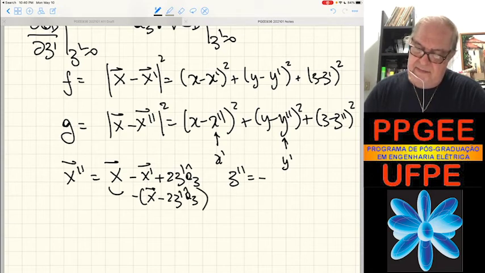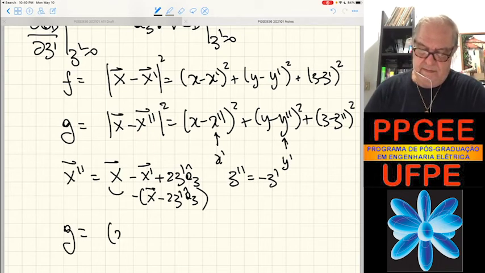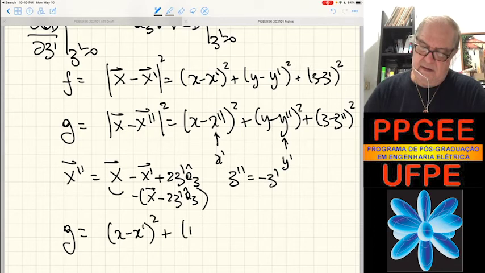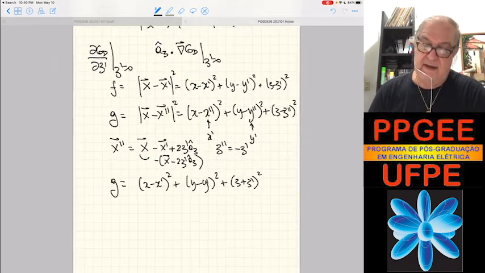So z2 prime is minus z prime. So g equals this square. Okay.